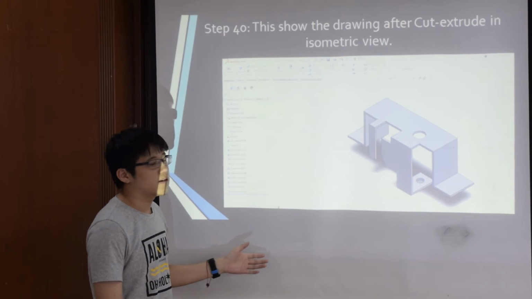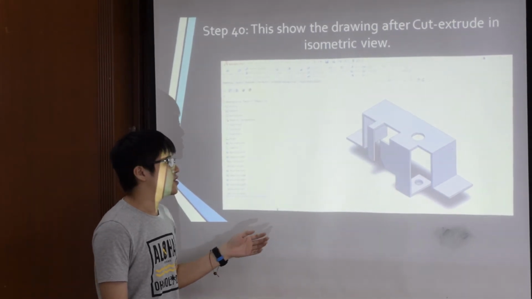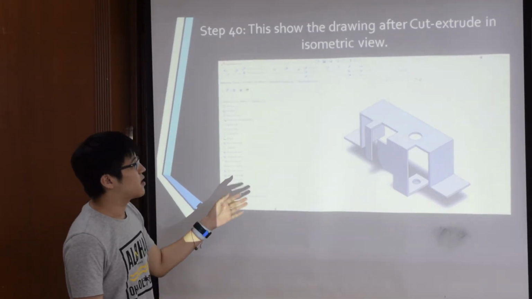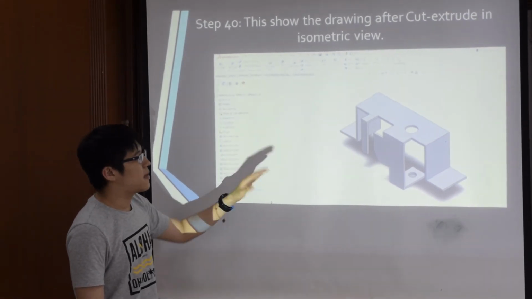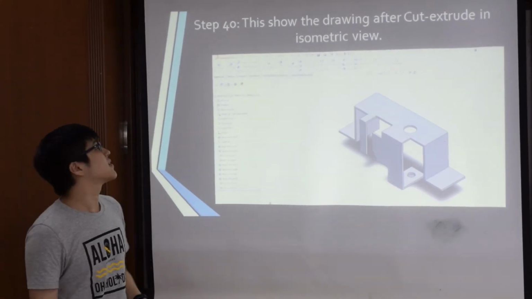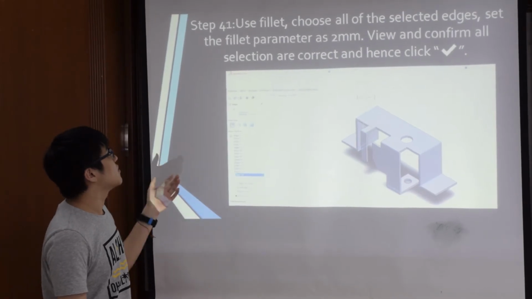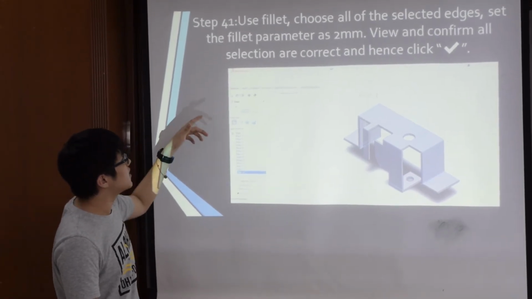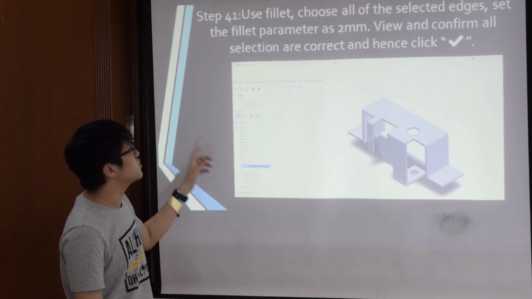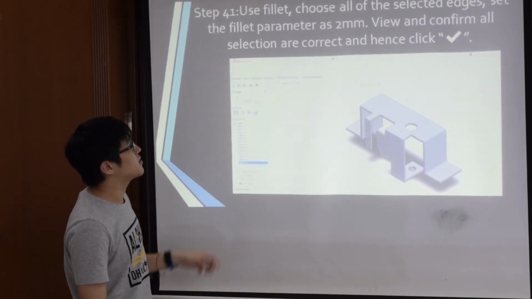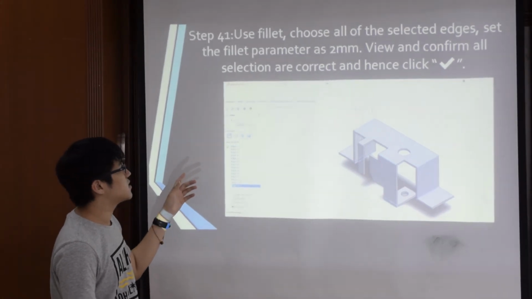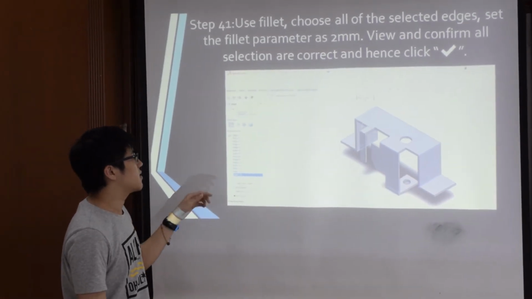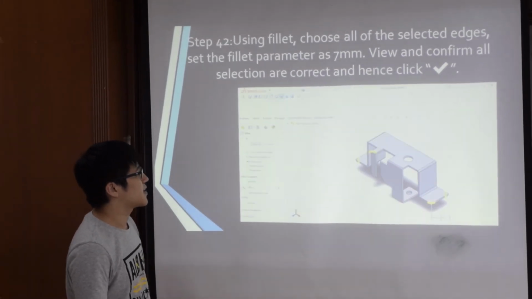We can compare the reference with our question, and we can determine that we have left out the fillet part we haven't done yet. After that, we use the fillet, choose all of the selected edges, set the fillet parameter as 2 mm, then we view and confirm all selections are correct, and hence click the tick.